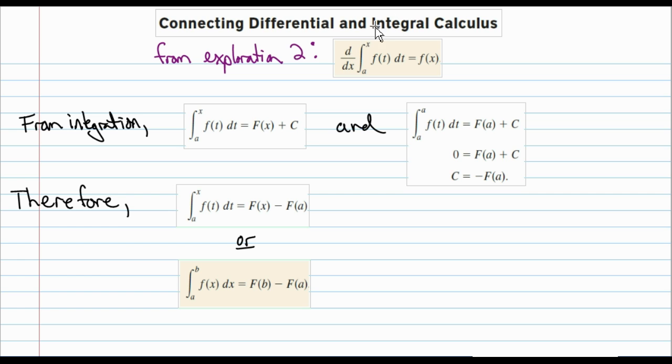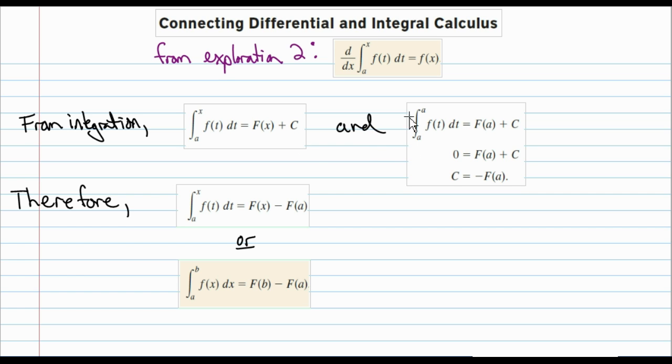So we know from exploration 2 that the derivative of the integral from a to x of f of t dt is f of x. Okay, so since the derivative of this is f of x, the antiderivative of f of t is then capital F of x, plus c. Don't forget that constant, plus c.